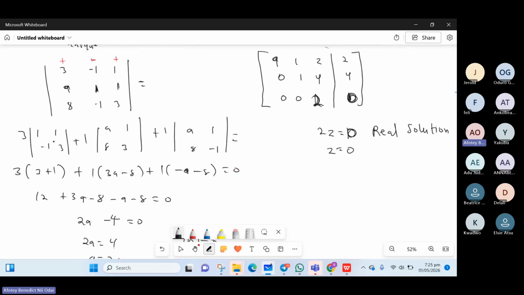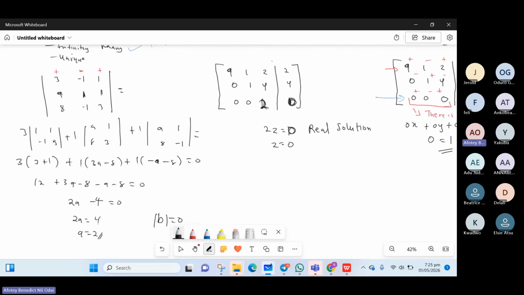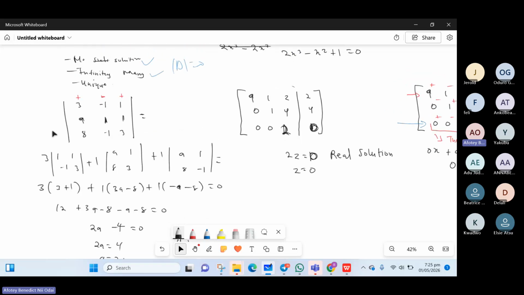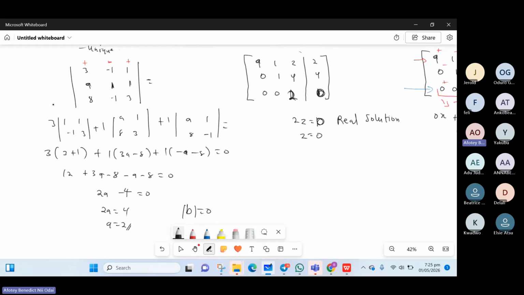Now we can insert a into our original equation and solve for b. So our original equation now becomes 3, negative 1, 1. Now our a is 2, so we have 2, 1, 1; 8, negative 1, 3. Let's see what our b is.